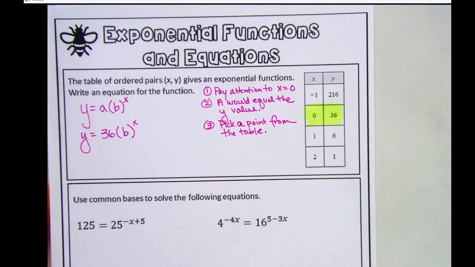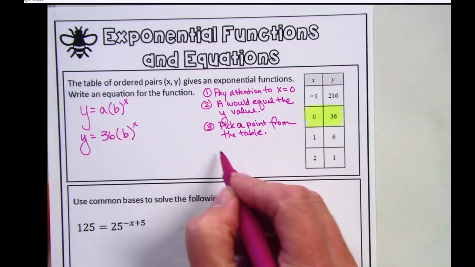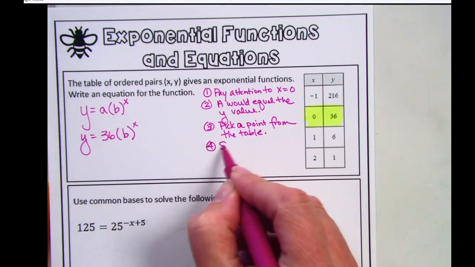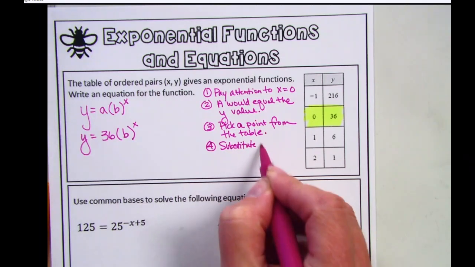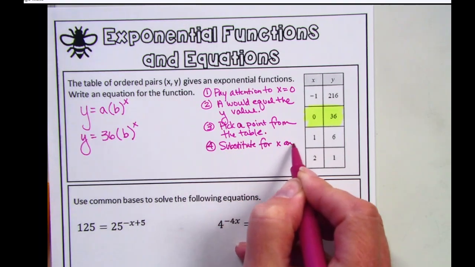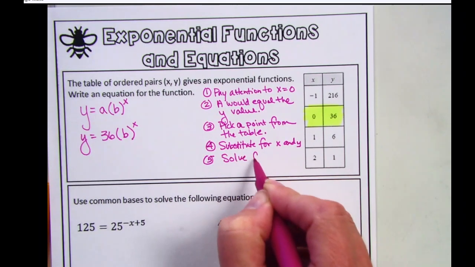All right, so we're going to let x and y equal that. Substitute in for x and y. And then we're going to solve for b.